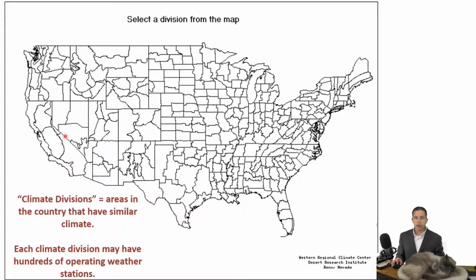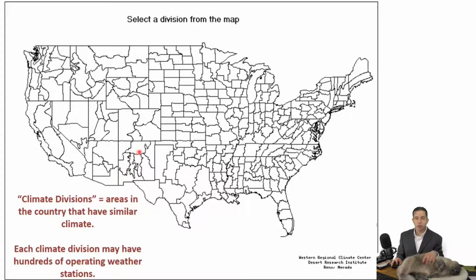We can divide up the country into areas called climate divisions. They look kind of like counties, but they're bigger than counties. All the areas within a climate division are supposed to have similar climates, similar topography or elevation or something, so we group them together.